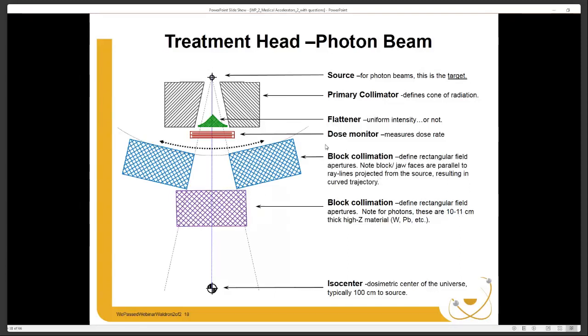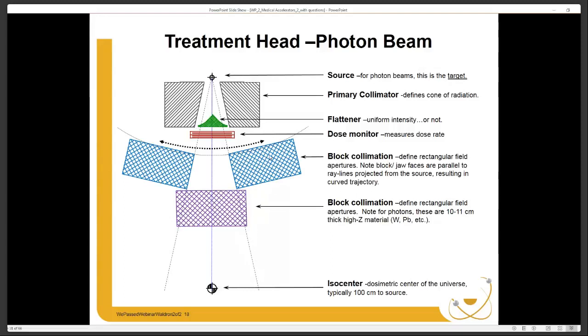I'd like to point out that the beam penumbra, which is the beam edge, and we'll mention that a little bit more later, is greatly affected by the direction in which the face of these collimators is oriented. The collimating face of the collimating block must be parallel to a ray line projected from the source to wherever we're sending the beam.